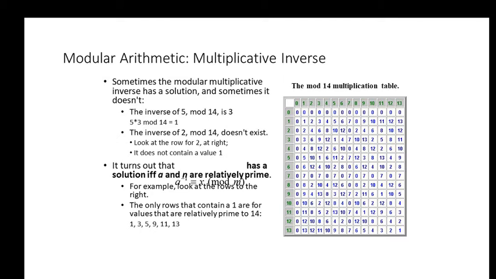Look at the row of 2 on the right and it doesn't contain a value 1. It turns out that a solution exists if and only if a and n are relatively prime. For example, the only rows that contain 1 are the values that are relatively prime to 14.